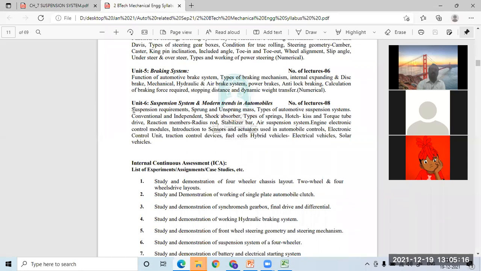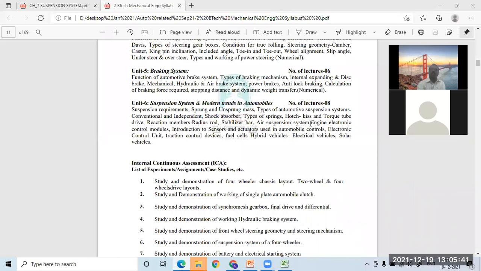Starting from here: suspension requirements, sprung and unsprung mass, types of automotive suspension systems, conventional and independent suspension, shock absorber, types of springs, Hotchkiss drive, torque tube drive, reaction members, radius rod, stabilizer bar, and air suspension system.